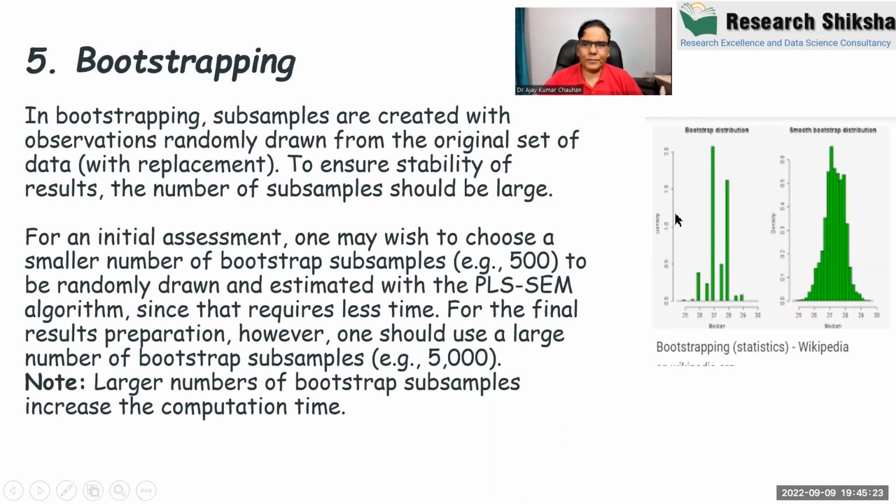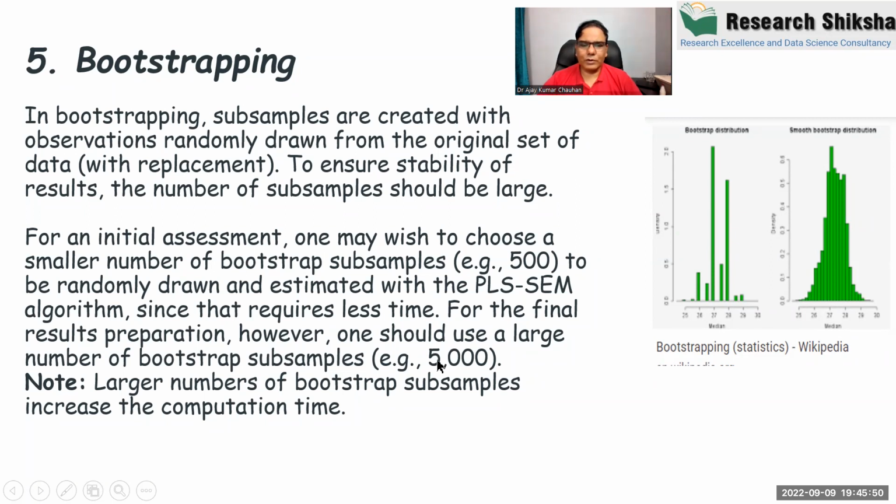So you know that when you have the actual data, your data looks like this. It is non-normal data on a 7-point scale or any scale. So your distributions are not normal. After the bootstrapping, your data will look like this.